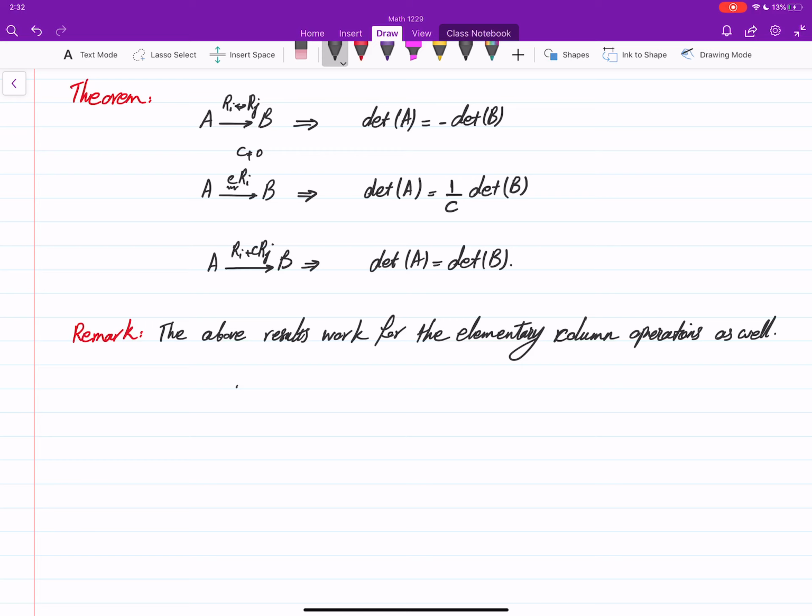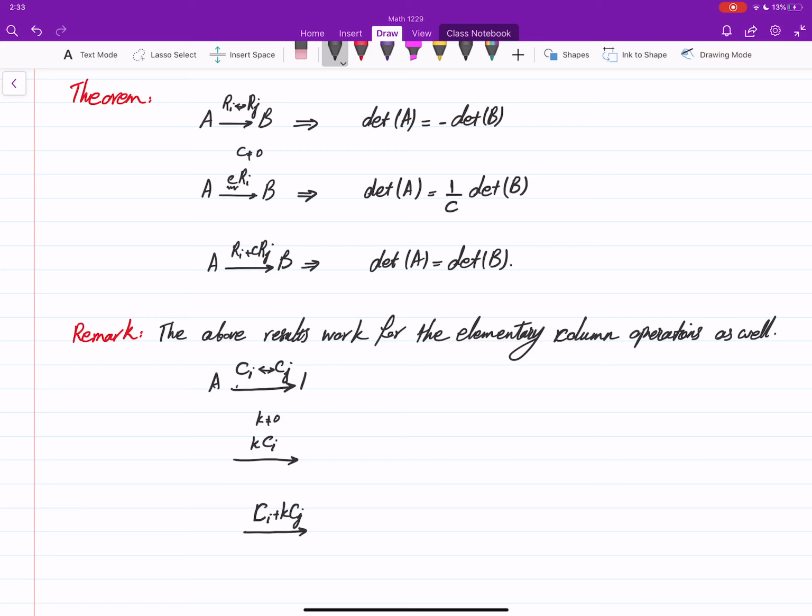Well, you can interchange column i by column j, or we can multiply column i by a constant K, which is non-zero, and you can add a multiple of a column to another column, so Ci plus K Cj.